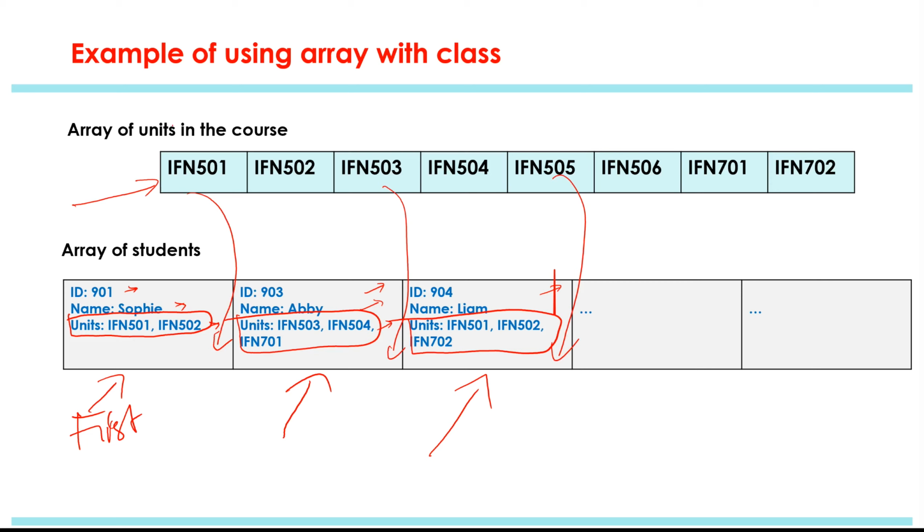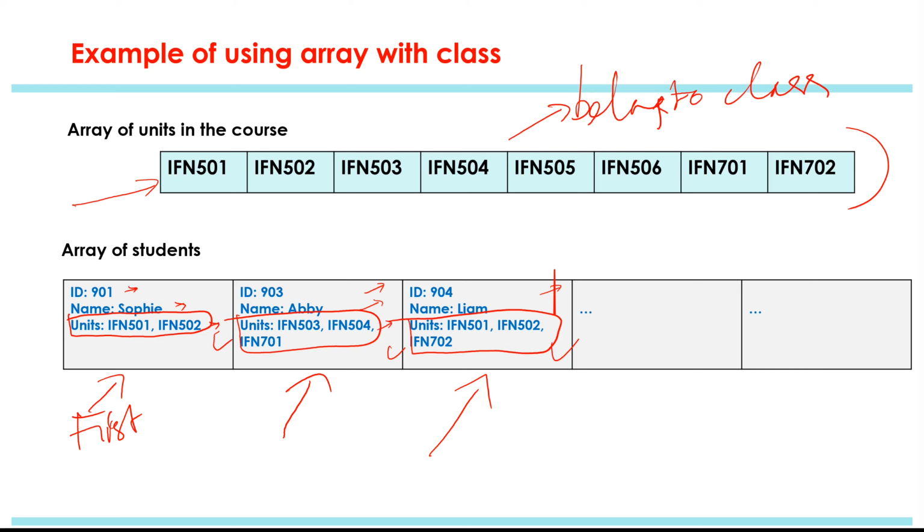So this array here should not belong to the object, but instead it belongs to the class. It should not be associated with its object like ID or name or list of units of that student.